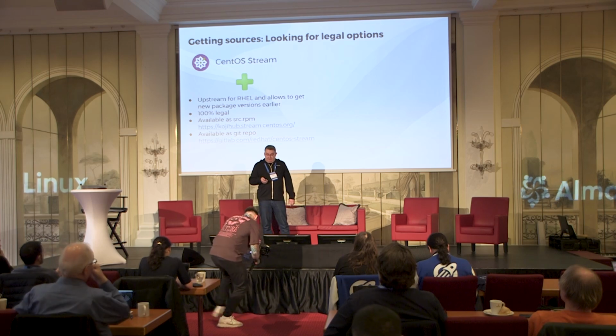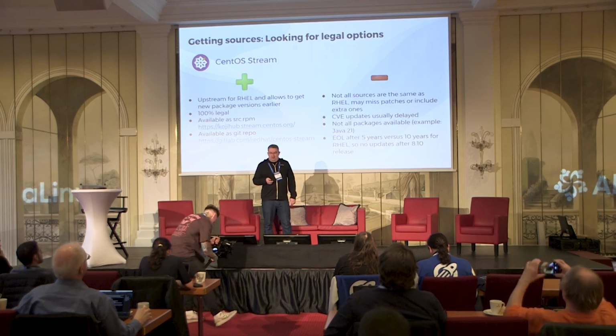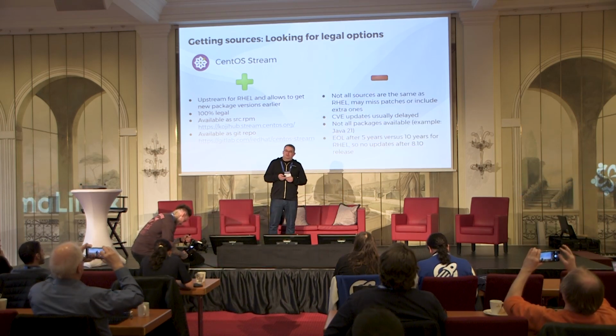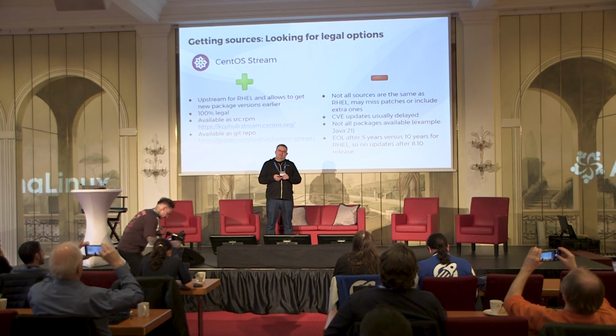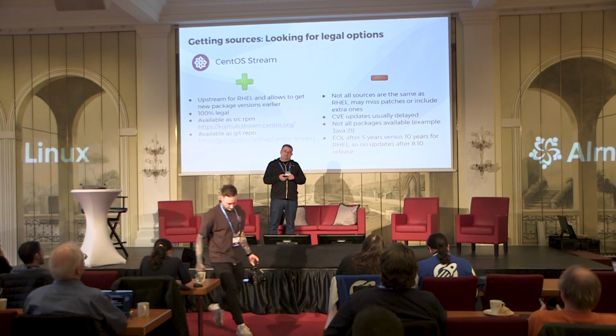It's legal, CentOS Stream is public, and we can get them as source packages. We can get them as Git repos. We can even contribute to them because CentOS Stream is an open community, and we actually do that. But there are some problems. Not all the sources available in CentOS Stream are exactly the same.